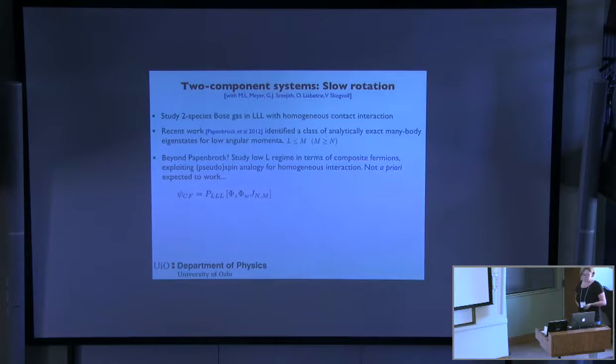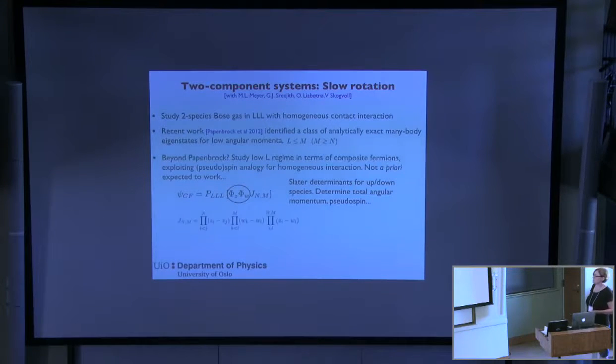And as Janendra introduced yesterday, the generic form of a composite fermion trial wave function for two species, or spin 1/2, is this form, where the phi's are the Slater determinants for the up and down species, and J is a Jastrow factor. And since we're assuming homogeneous interaction, the Jastrow factor is blind to the spin species, so it's just a product of Z_i minus Z_j containing all the coordinates.